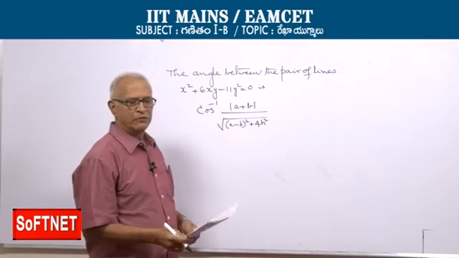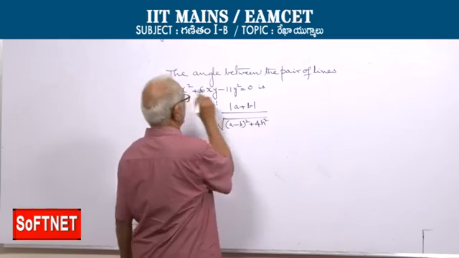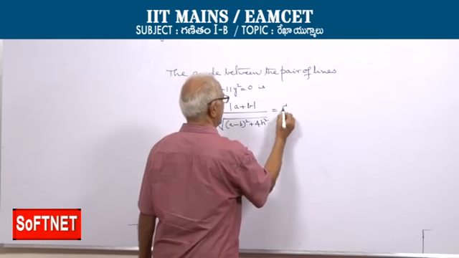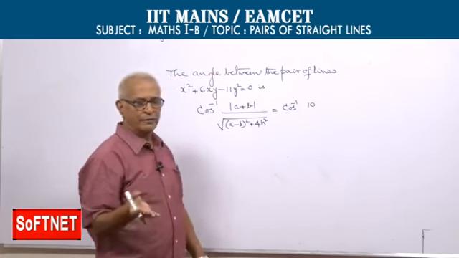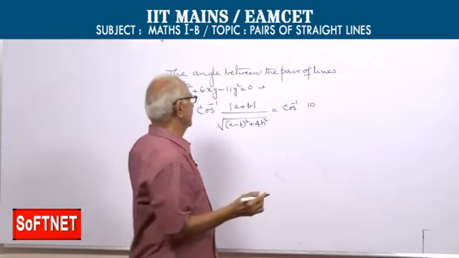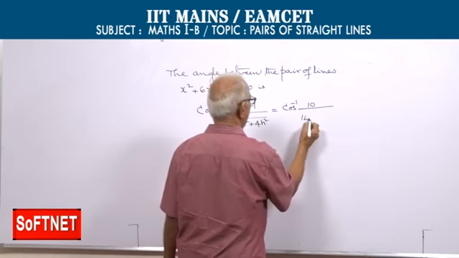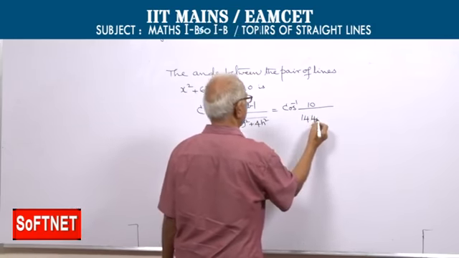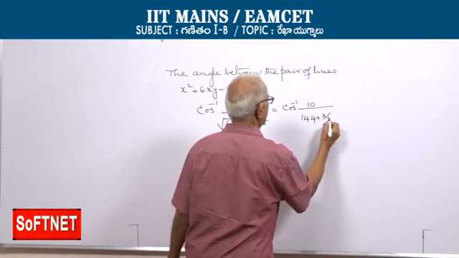Well, that is the formula we mentioned just now. So, a + b, a is 1 and b is −11. So, cos⁻¹ of 10, because 1 − 11 is −10, mod −10 is 10, by root of (a − b) whole square, 1 + 11, 12 whole square, 144, plus 4h², 2h is 6, 36.